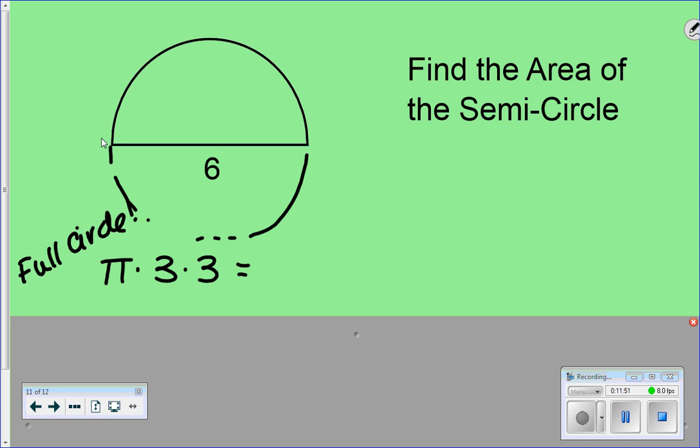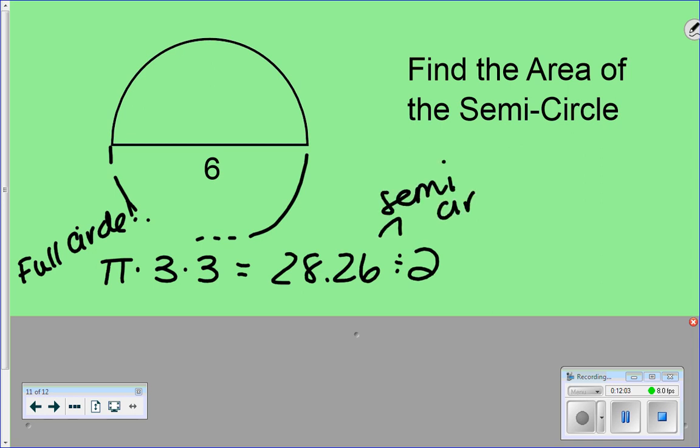It's 28 point something. Okay, but this is a full circle. I'm going to divide by 2 for the semicircle. And that gives me 14.13. We'll say inches squared. Whenever I don't have anything, we'll just make it inches. Semicircles, you have to remember to divide by 2. If you don't, then you technically have the full circle. You don't have the half.